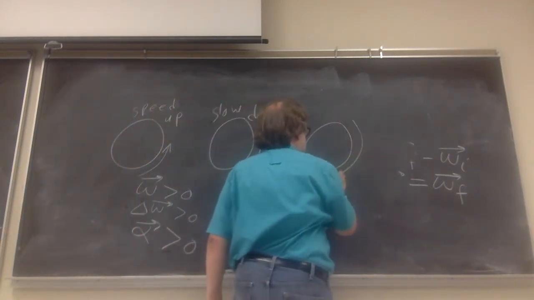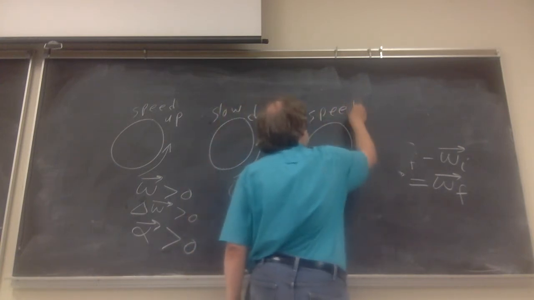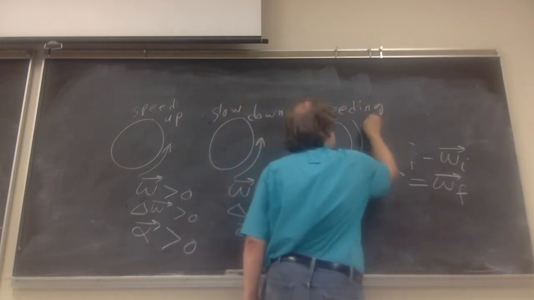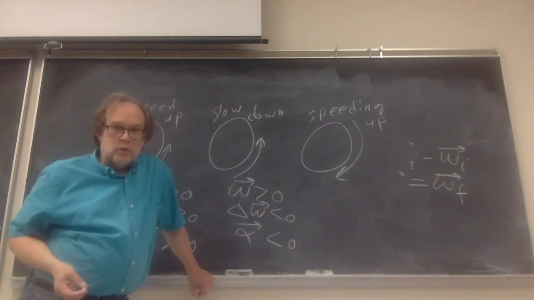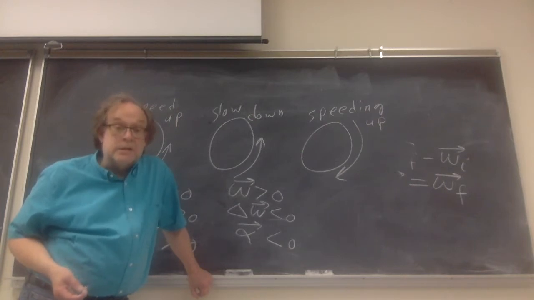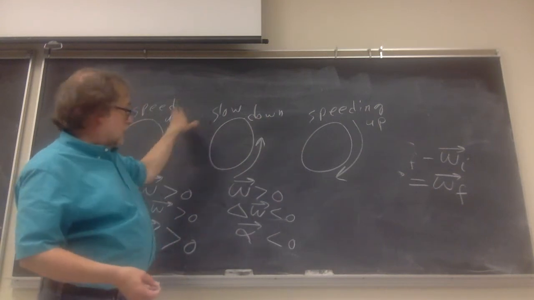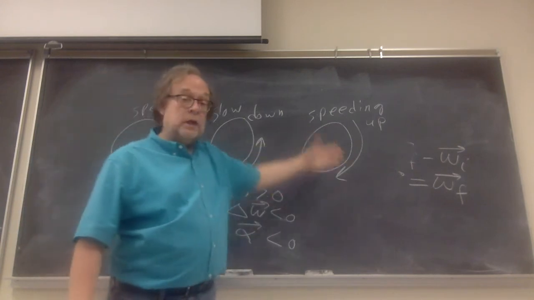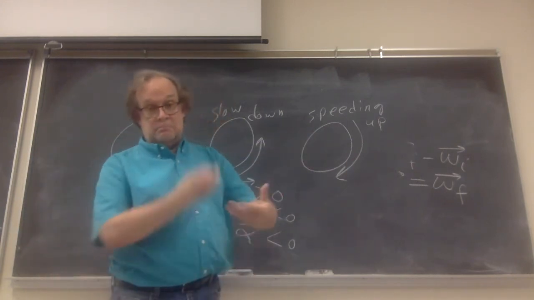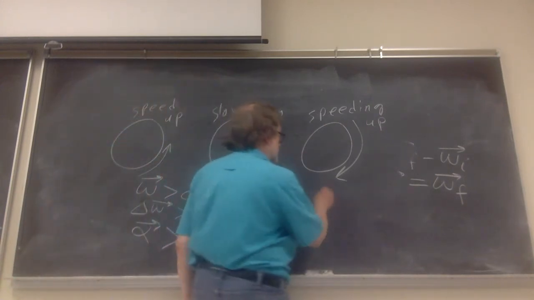Now, clockwise rotation and speeding up. So if counterclockwise rotations are defined as positive angular velocity, then clockwise rotations have to be defined as the other kind, the opposite, negative velocity.